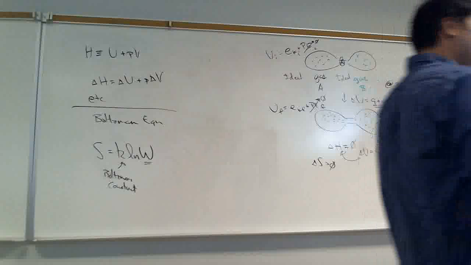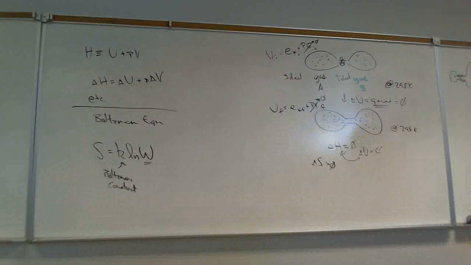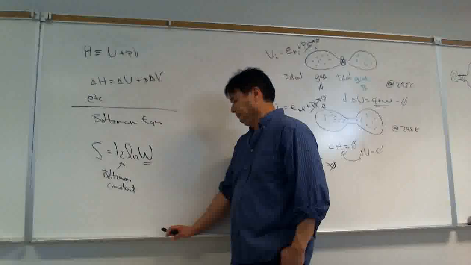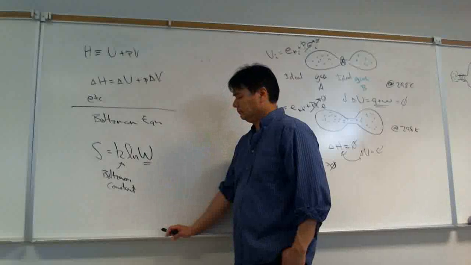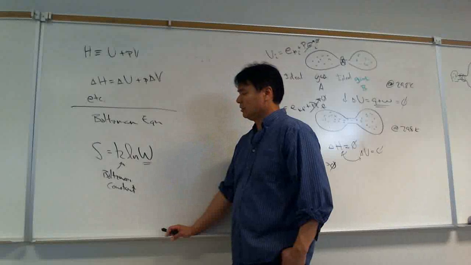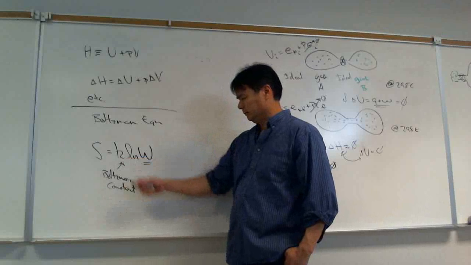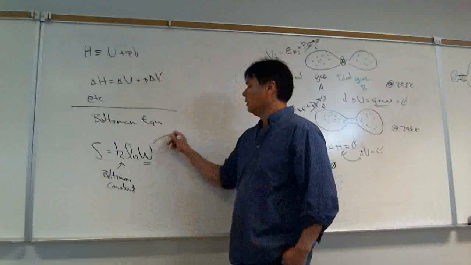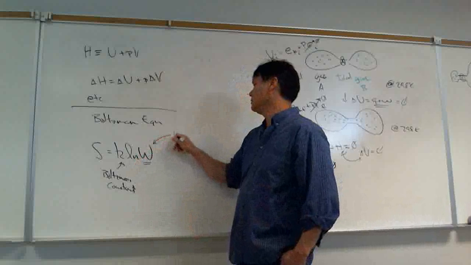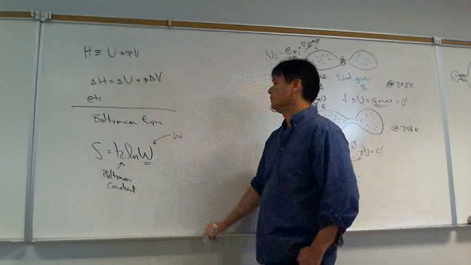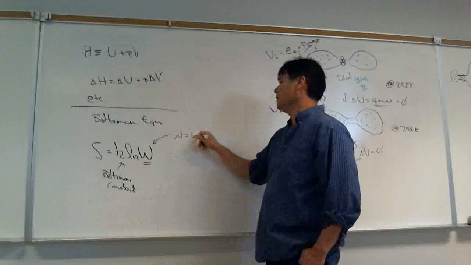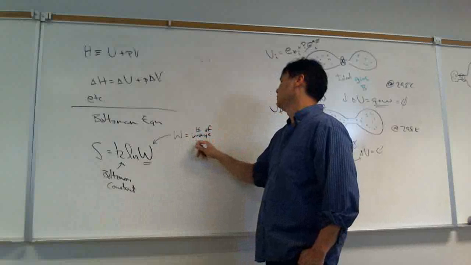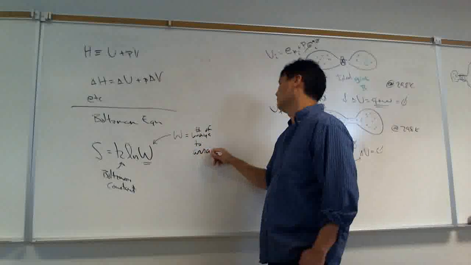Boltzmann's constant is the same thing as the ideal gas law constant, except rather than per mole, it has different units. We'll look at it in more detail later, not right now. W is the number of ways to arrange the system.